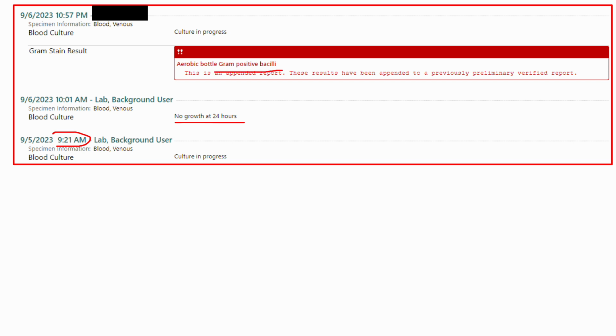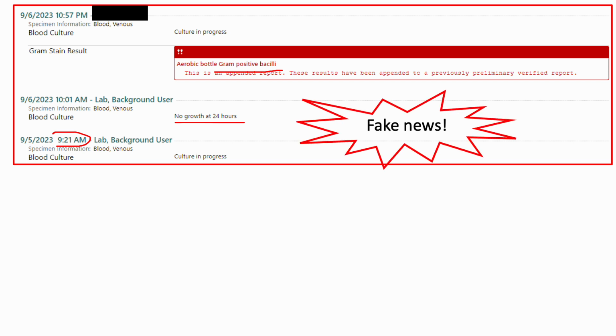So the growth happened really slowly. As you remember, gram-positive bacilli also suggests this is probably a contaminant, and the patient ended up not showing any features of bacteremia, and the final results confirmed that it's a contaminant.